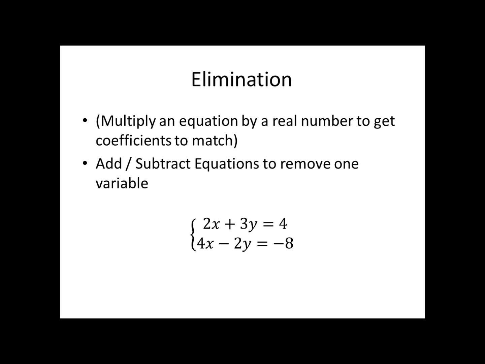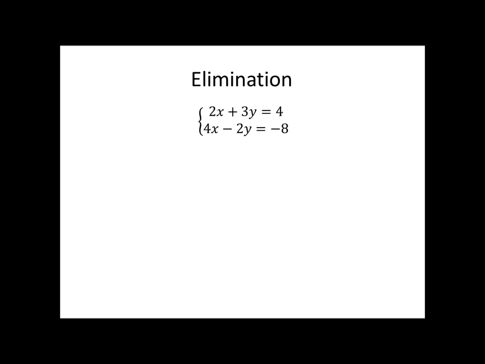So here's an example. 2x plus 3y equals 4, and 4x minus 2y equals negative 8. Which two numbers can I get to match the easiest? Well, I can make both x terms 4x just by multiplying the entire top equation by 2. Don't just multiply the x part, multiply the whole equation by 2.